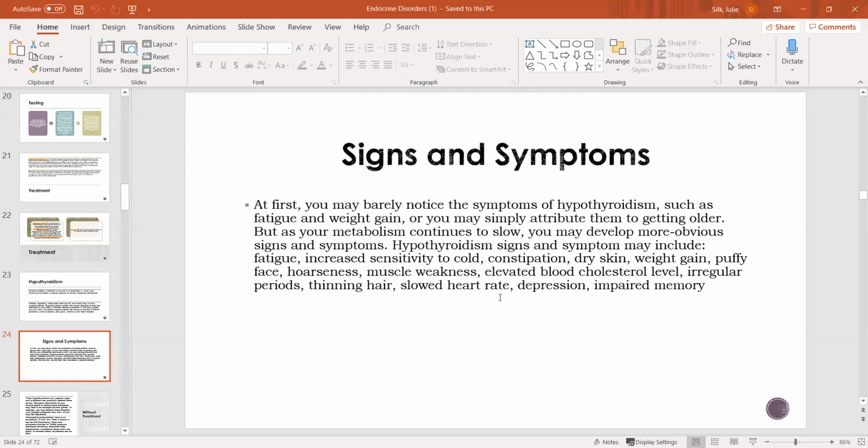One other thing for signs and symptoms in here, it talks about you can have depression associated with this and sometimes impaired memory. I actually had an old student of mine who had this, and sometimes it takes a while to diagnose this. They're thinking maybe it's other things and they try to rule all those out, and then they finally come up with this diagnosis.